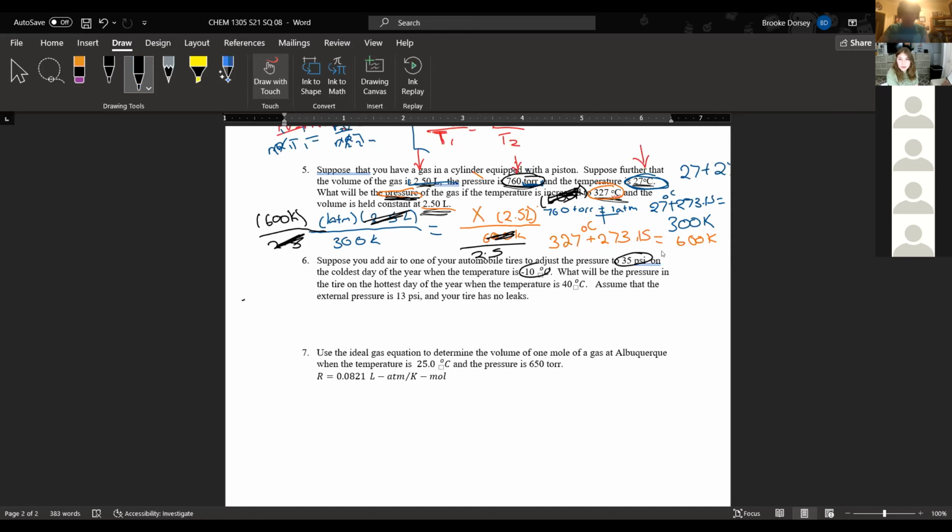What's the first noticeable thing about this one? It's in PSI, not atmospheres. Yeah, it's in PSI, which makes sense because usually you use PSI on tires. That's cool, but atmospheres is what we like to work with. So what is 35 PSI if you want to convert to atmospheres?